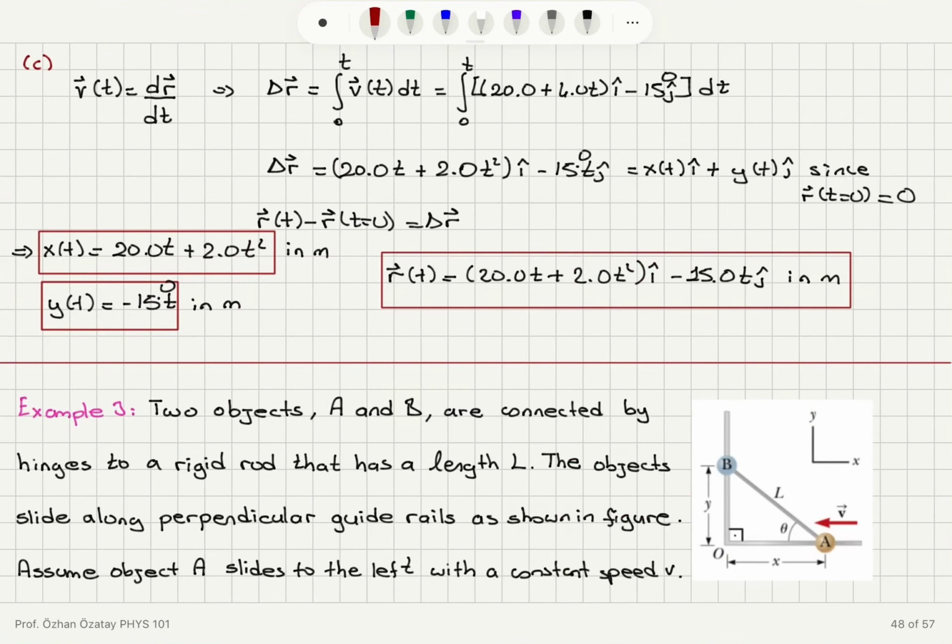Okay, now to summarize, we're looking at two objects connected by a rigid rod, and we're assuming that object A is bound to move on the x-axis, and object B is bound to move on the y-axis. They're sliding along perpendicular rails. And object A is moving with constant velocity v to the left.